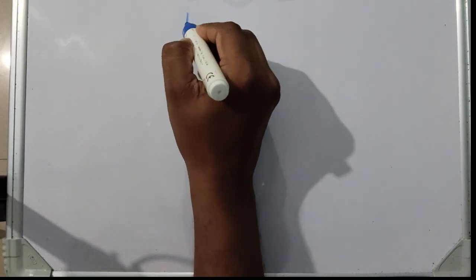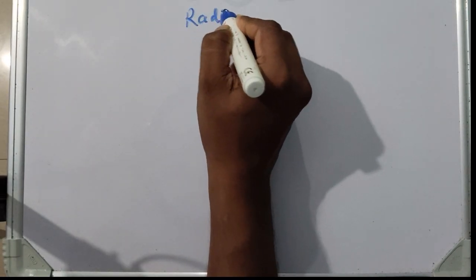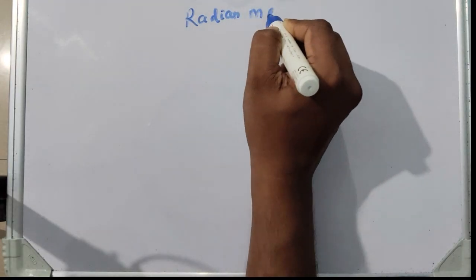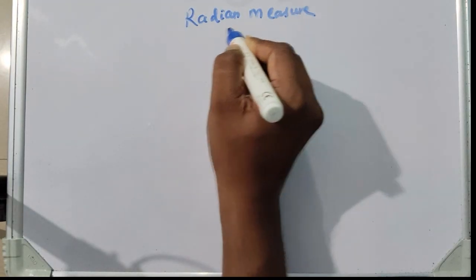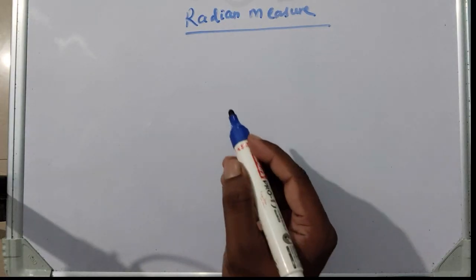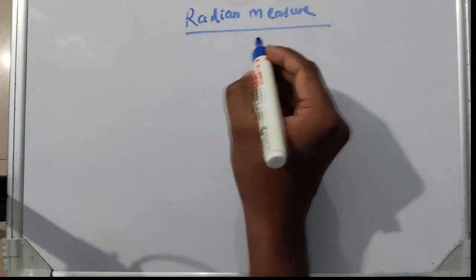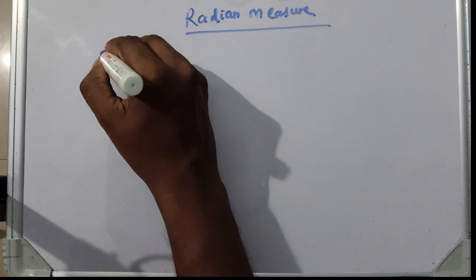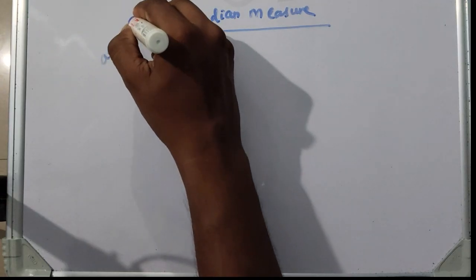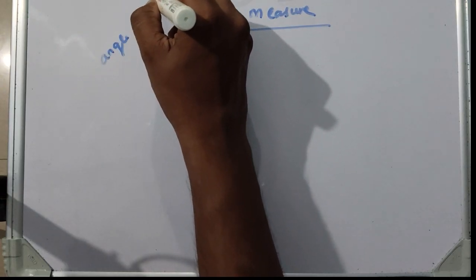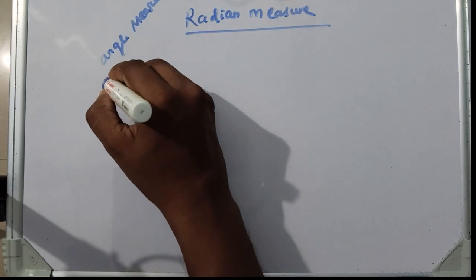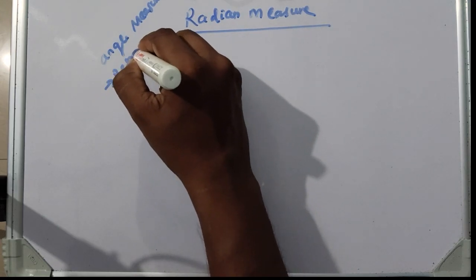Now come to radian measure. What is radian measure? Like we have studied angle measure. Angle measure means it is a representation.